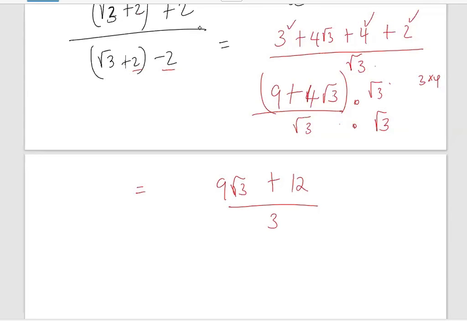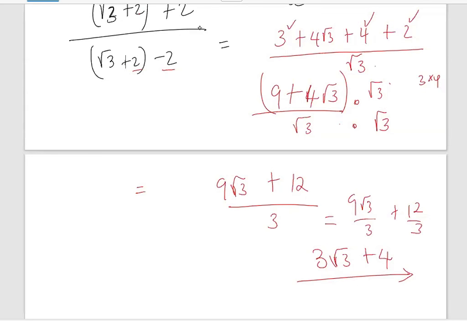You can divide this through, so 9 root 3 over 3 plus 12 over 3, which is 3 root 3 plus 4. So that becomes the final answer.